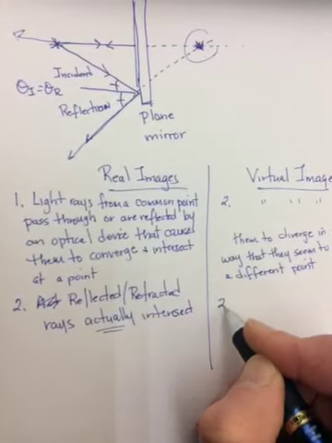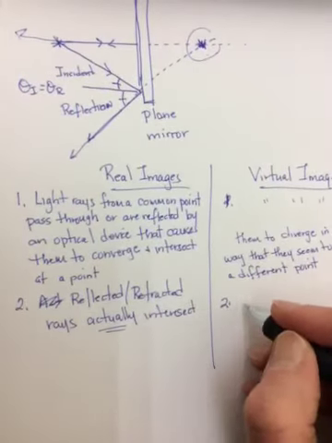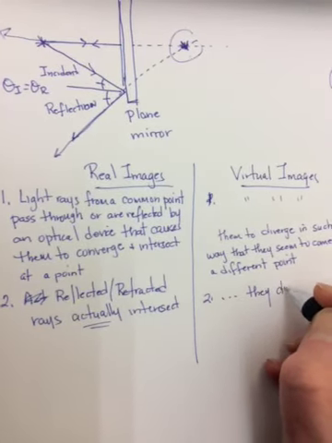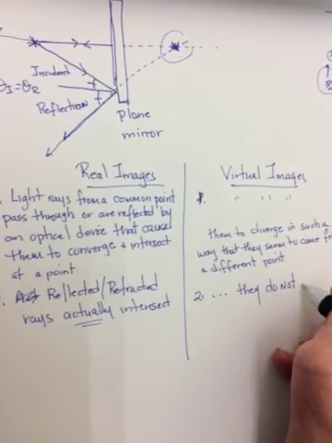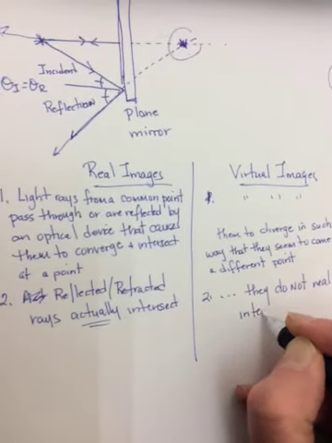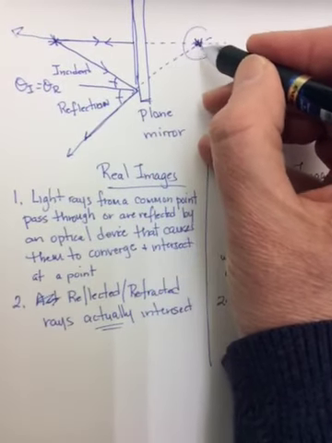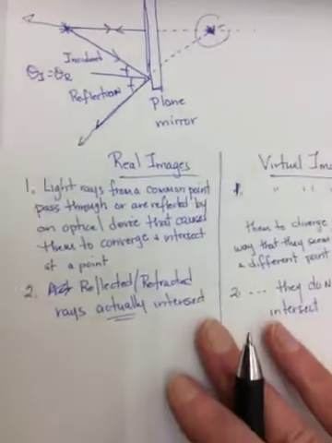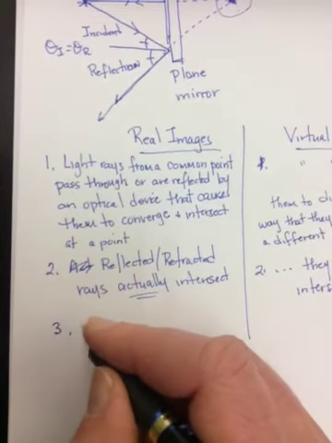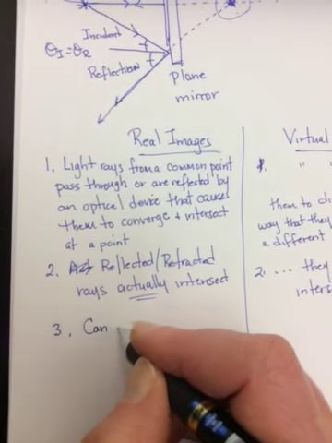Over here, number 1, the same thing, except they do not really intersect. What I mean by that is you have to follow back the reflected rays to find out where they appear to intersect. Characteristic number 3 is that real images can be projected on a screen.